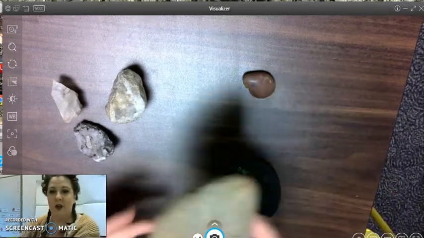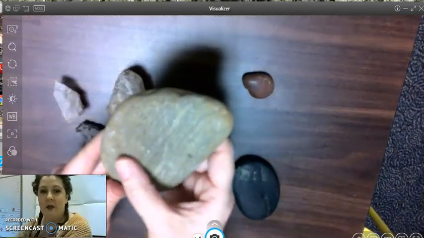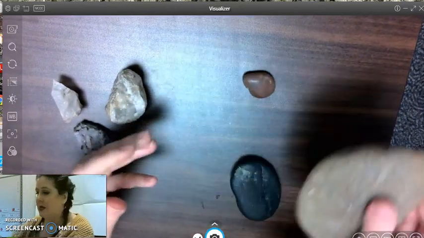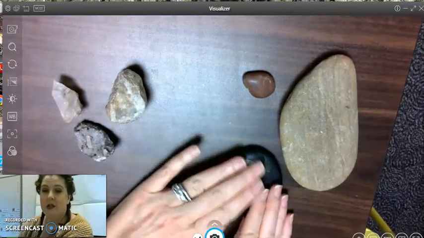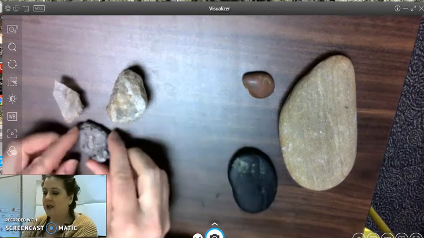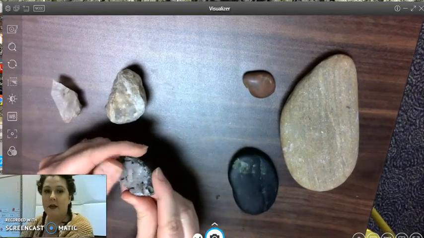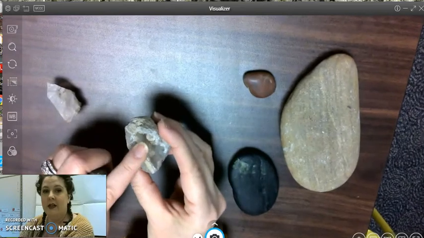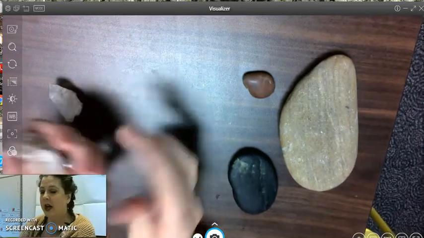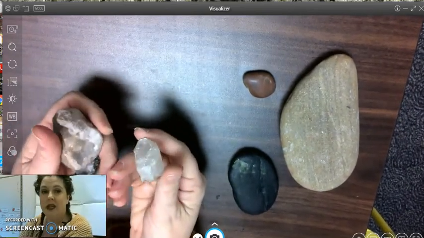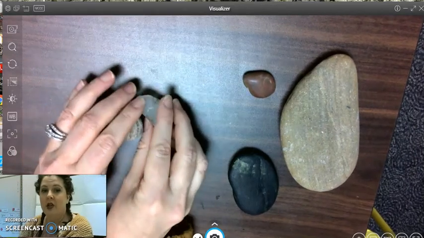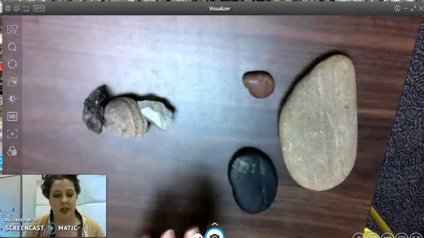On my rocks, if you could feel them, I have some that are smooth. So these are my smooth rocks. And then I have some that are bumpy. They have lots and lots of bumps on them. So I could do pointy or bumpy texture, and then I could do smooth as a texture as a way to sort.